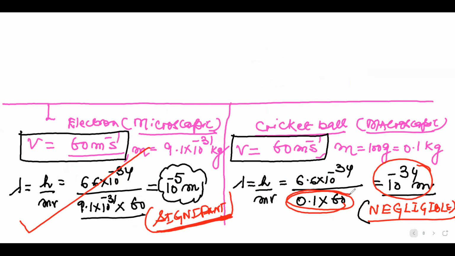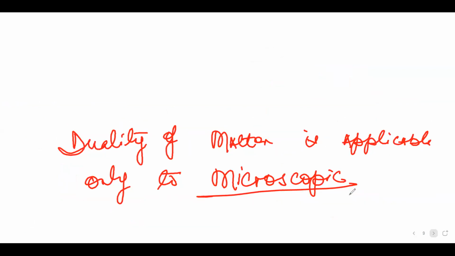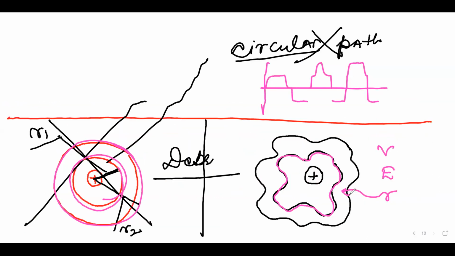So while the electron is revolving around the nucleus, it cannot revolve in fixed circular paths. It will be revolving in the form of waves. And as a result, Bohr's concept of the fixed circular path is ruled out. So there is nothing called fixed circular paths around the nucleus.